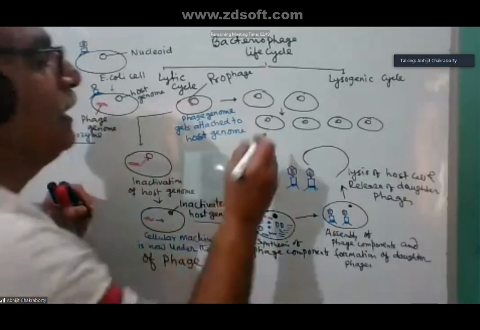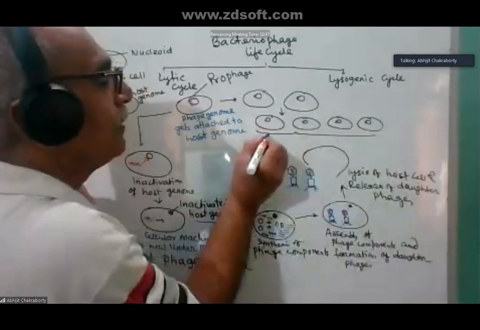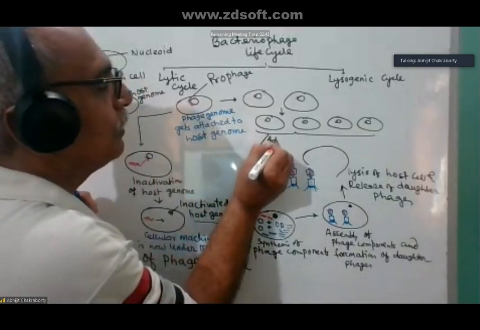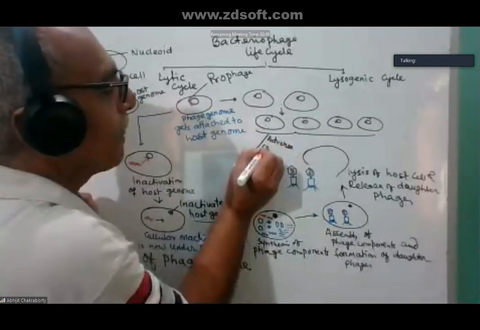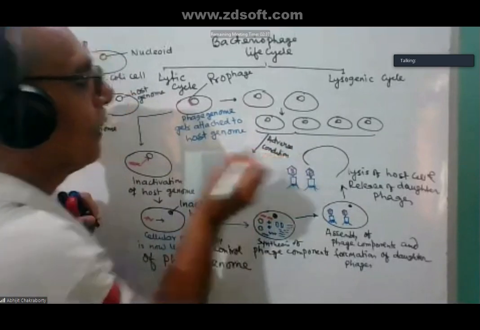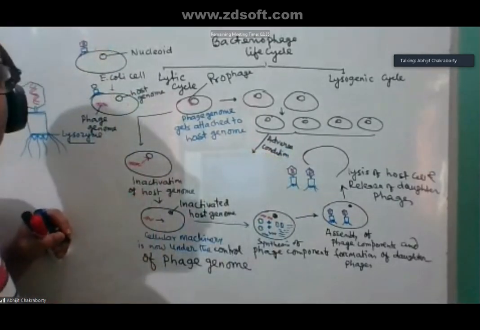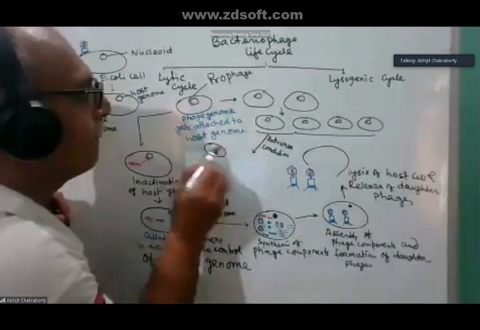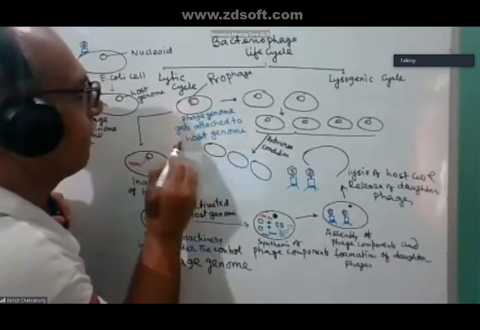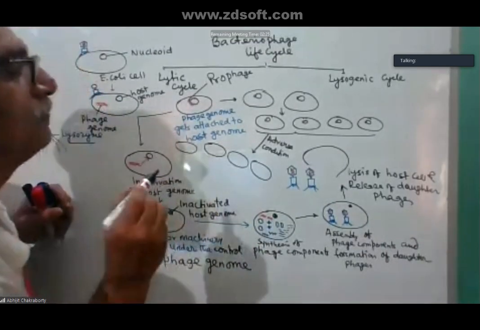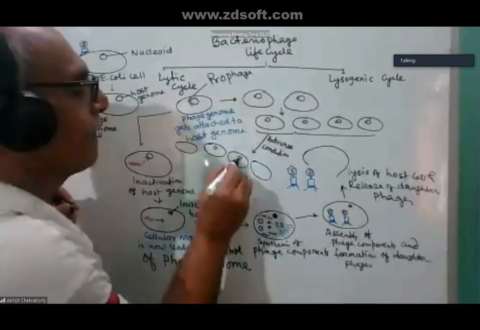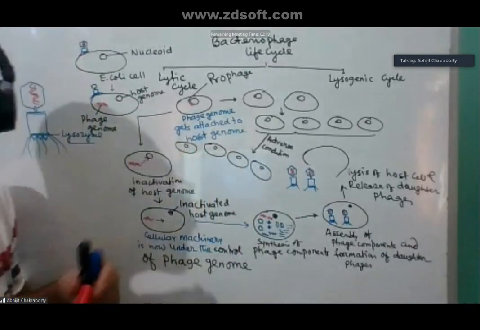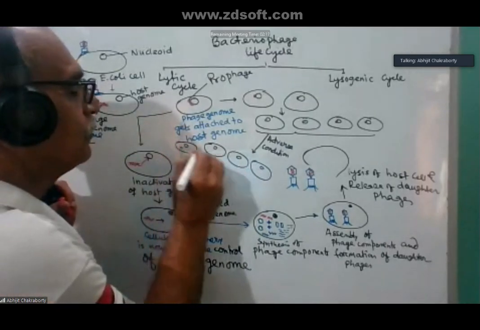But if somehow the colony comes in contact with adverse conditions, maybe heat, maybe toxic chemicals, then what will happen? The phage genome gets detached from the host genome.